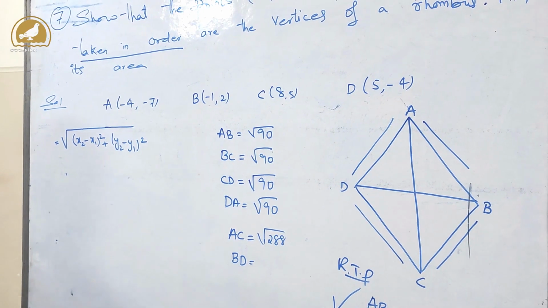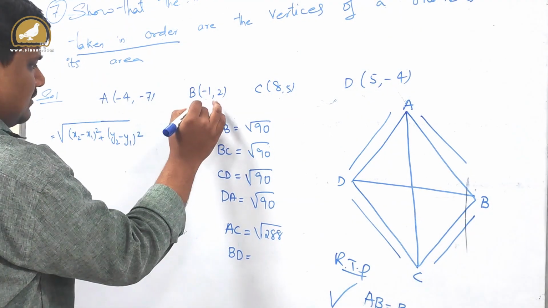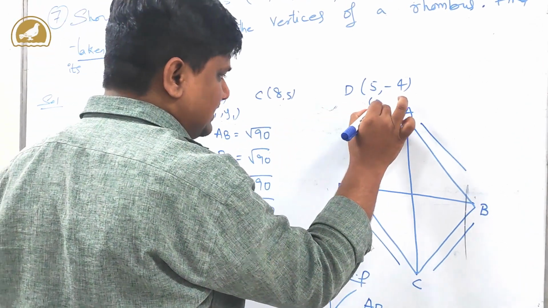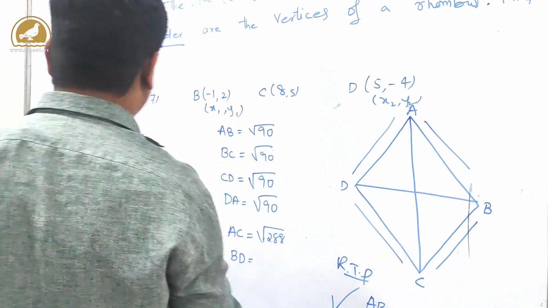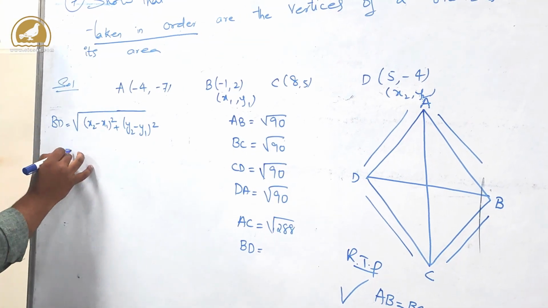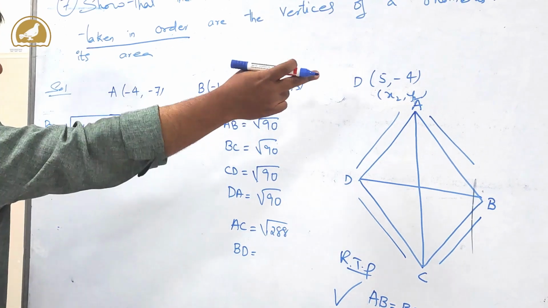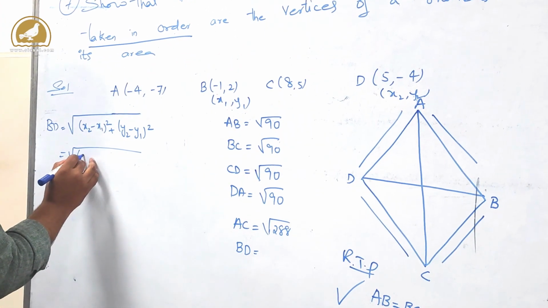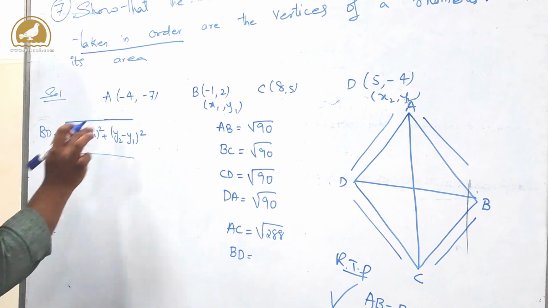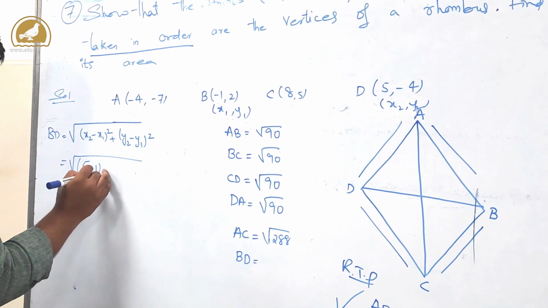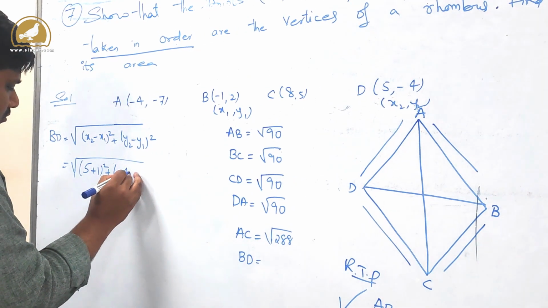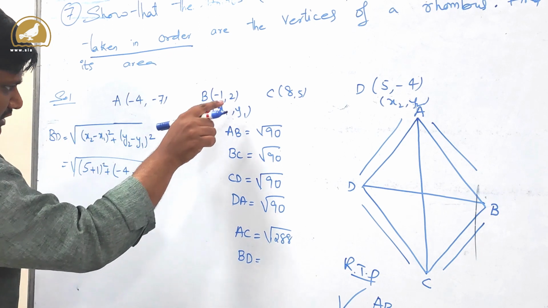Now we need to calculate the distance between B and D. B will become x1, y1 and D will become x2, y2. So BD is under root of x2 which is 5, minus x1 which is -1, so plus 1. y2 is -4 minus y1, and the y1 value is 2.